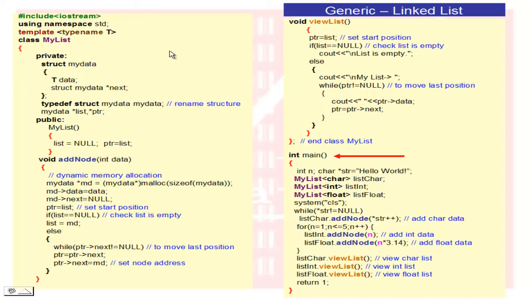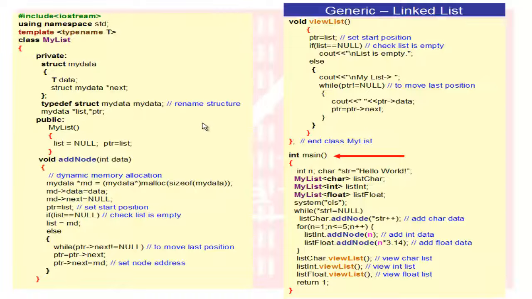So in the previous 3 slides, we saw the generic linked list for character, meaning an individual linked list I created for character data type, next for integer data type, next for float data type. Now this code is for a generic linked list for any data type.